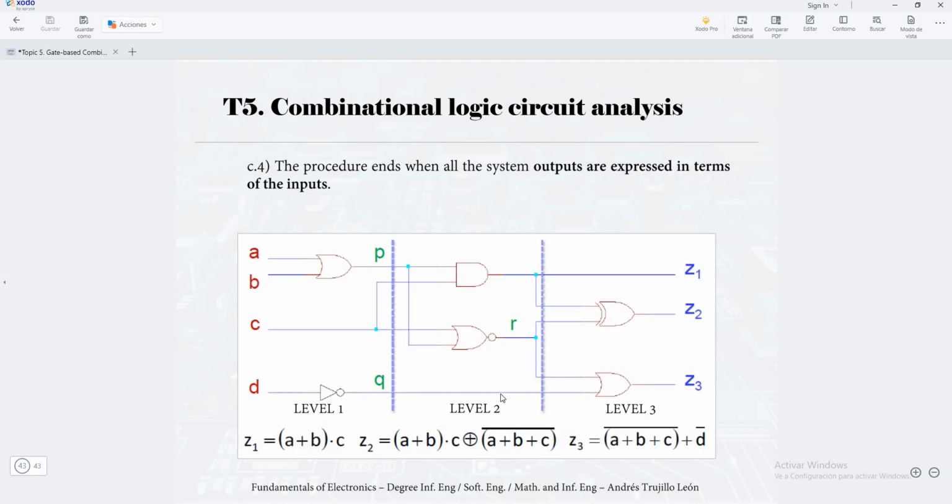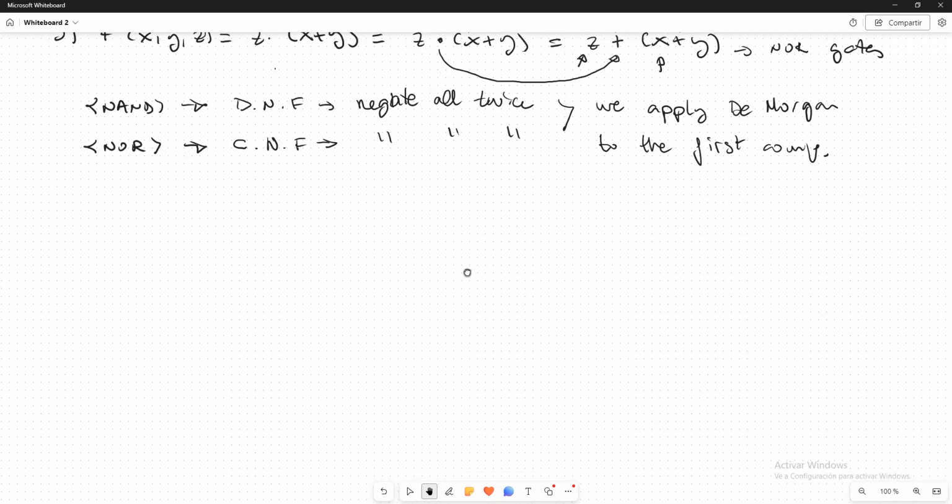In fact, we can practice, for example, obtaining the disjunctive normal form of Z2 that is quite complex. So we can go here and just practice.